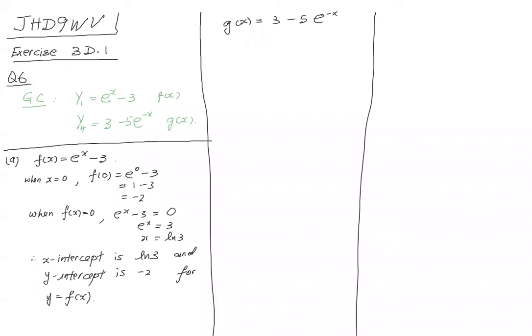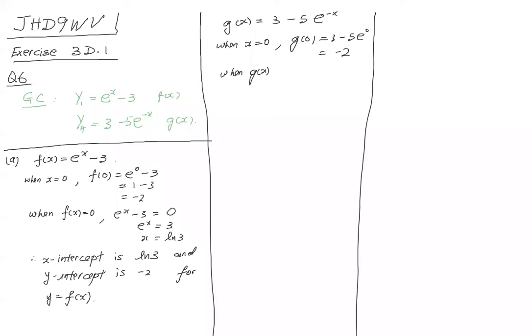So I have to put x equal to 0. So g(0) equals 3 minus 5e to the power 0, so it's negative 2.